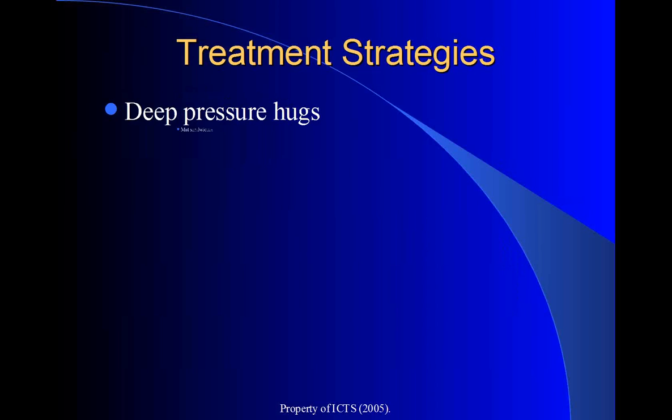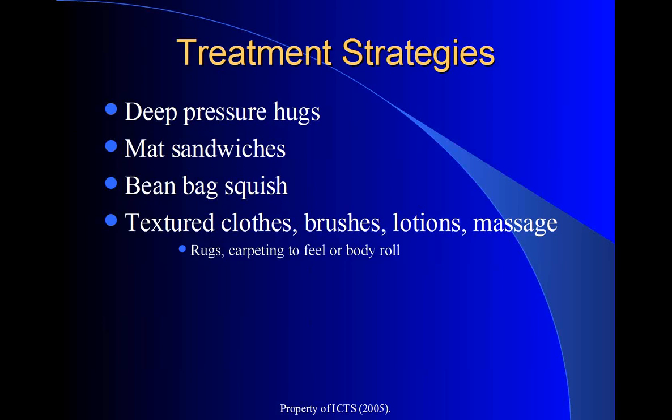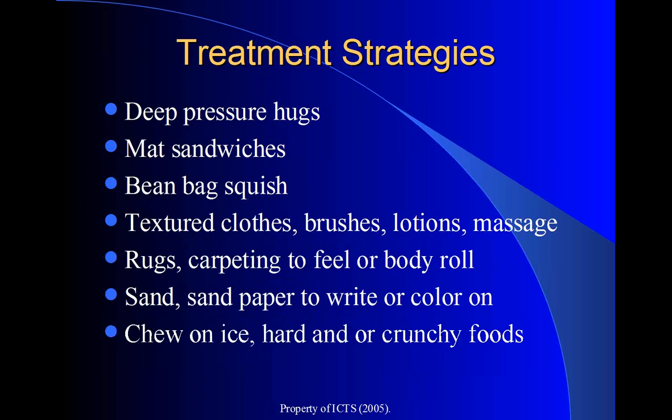If you have a child who has on-the-go behaviors, they're fast, moving through objects and obstacles, they don't like to stop and think and concentrate because it's so much easier to speed right through the activity. Then different things that you can do are deep pressure hugs, mat sandwiches, beanbag squish, and you can read what's up in front of you here on the screen.